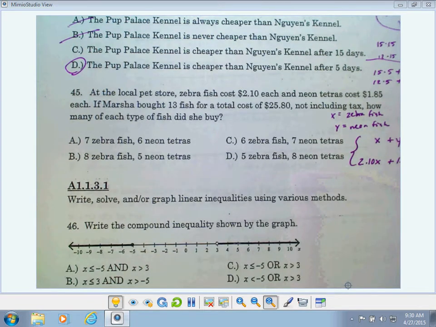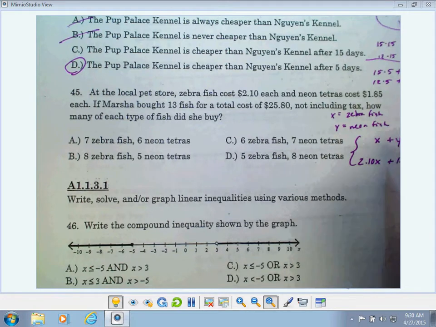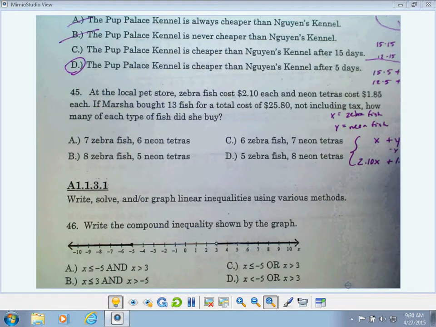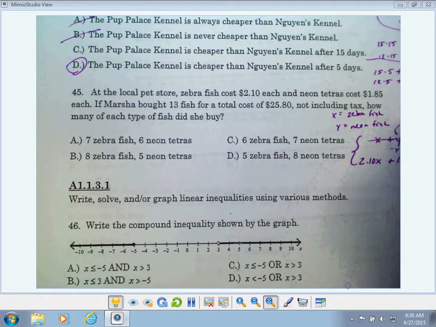So what if we just rearrange one of these top ones to make it easy for substitution? Let's subtract the y away from both sides. We'll change this top equation into x equals negative y plus 13. So we're going to not use this anymore, and we'll use that instead.